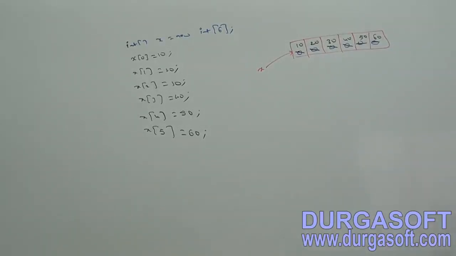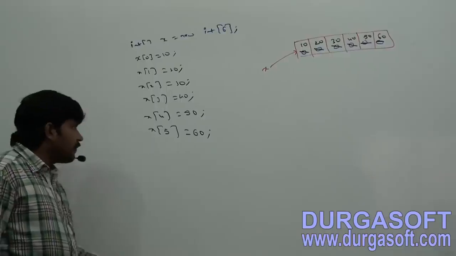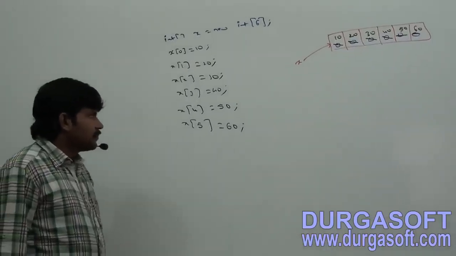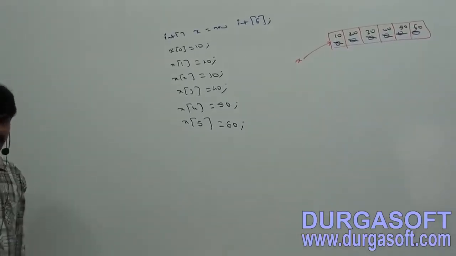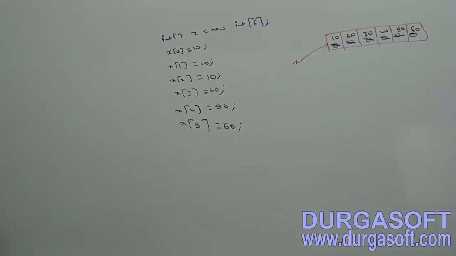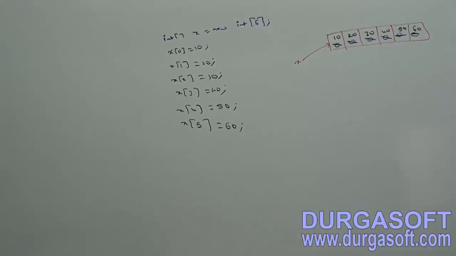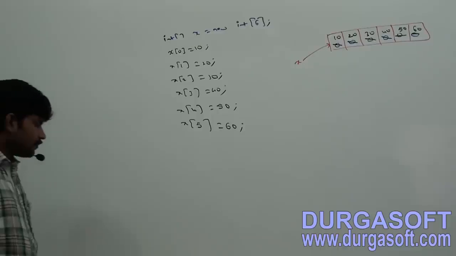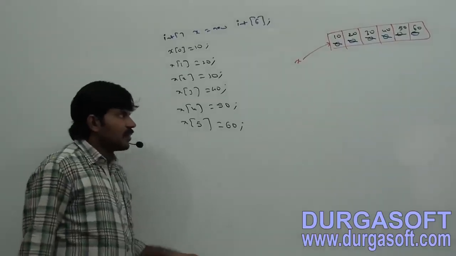Better to take it clearly, right? X of 3 is equal to 40. X of 4 is 50. X of 5 is 60. Can I complete it, right? Okay, so better to take that diagram also.